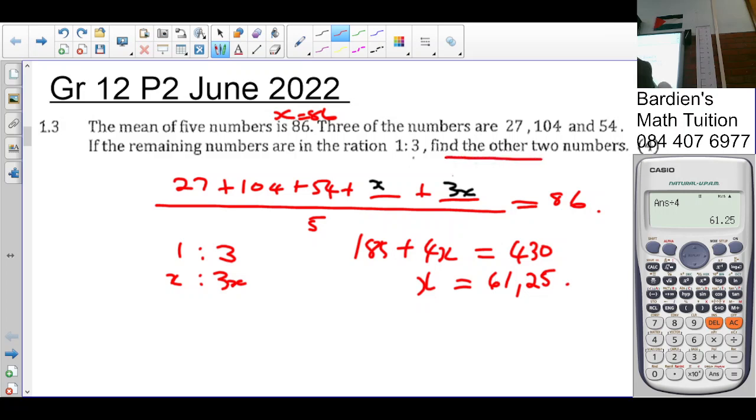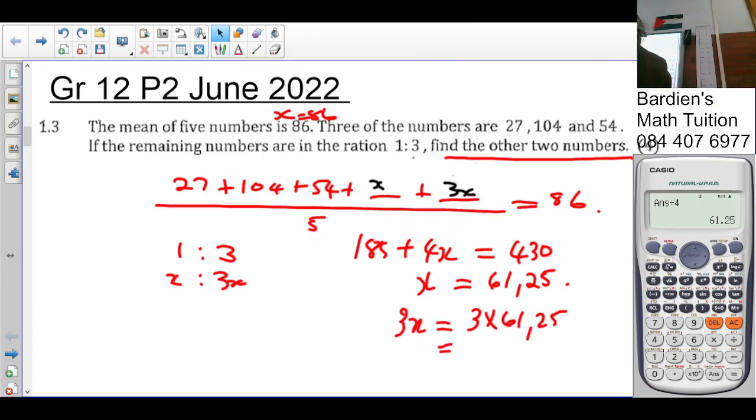Find the other 2 numbers. So the one number is 61,25 and the other number is 3 times 61,25. It gives you an answer of 183,75. Alright?